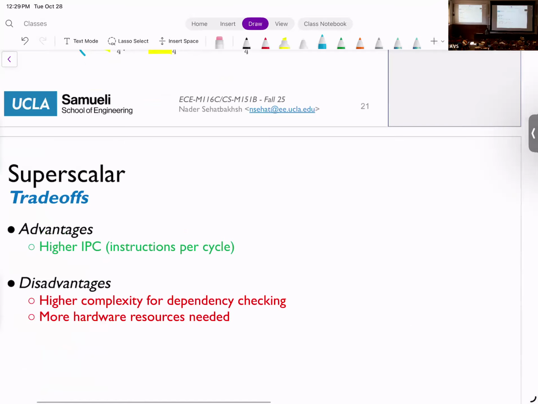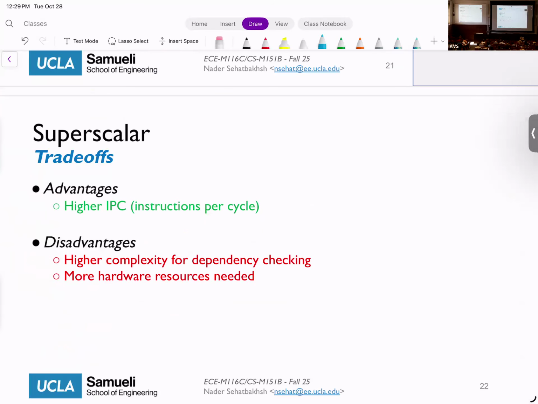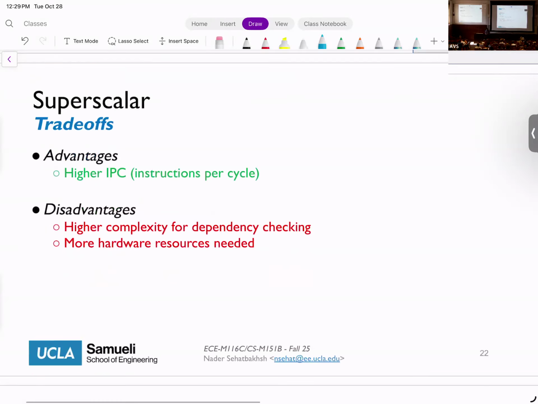Okay. So to summarize, the good thing about Superscalar is that it's giving you a higher IPC or lower CPI. But the disadvantage is that it has higher complexity because of the dependency checking, and it requires obviously more hardware, right? That's the problem.